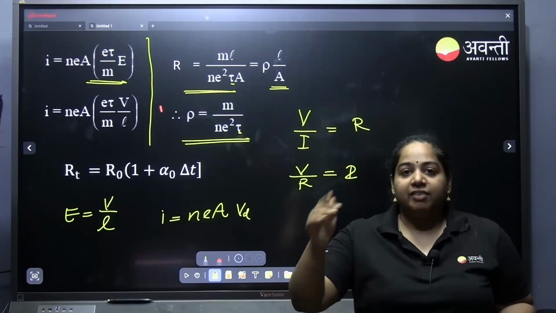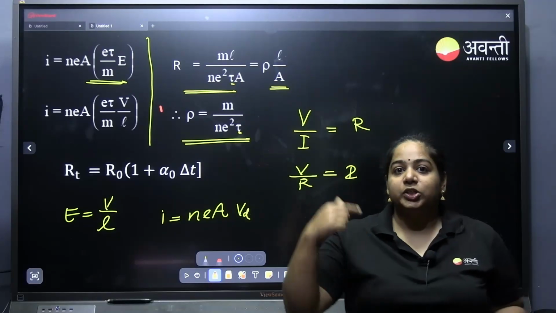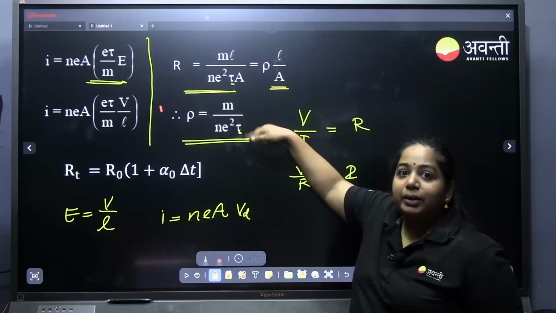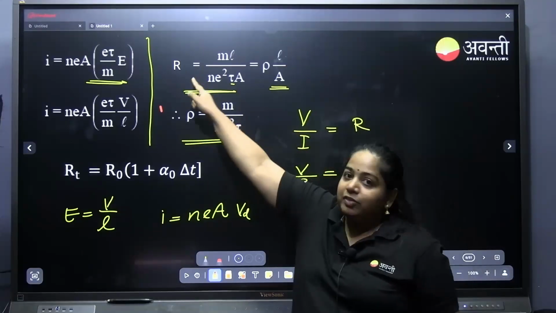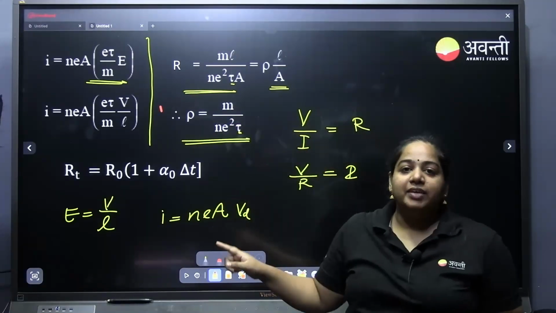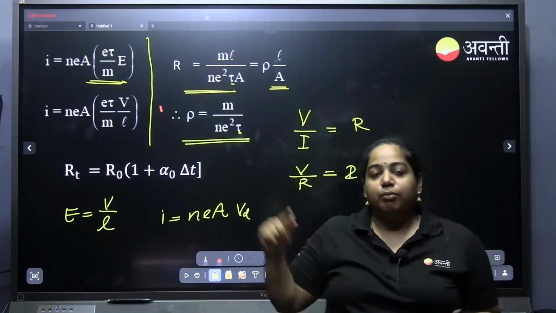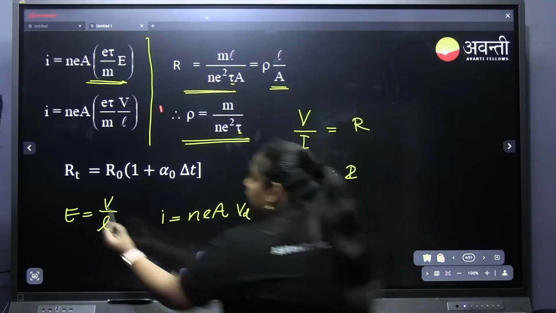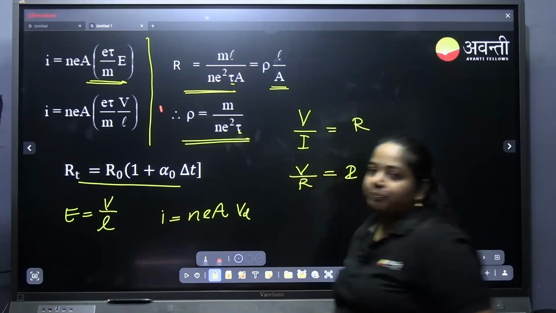So relaxation time will decrease when temperature is increasing. If this is decreasing, the denominator is decreasing, so the value will increase. That's why we say for a conductor, when temperature rises, resistance rises, and we can explain it using this formula.